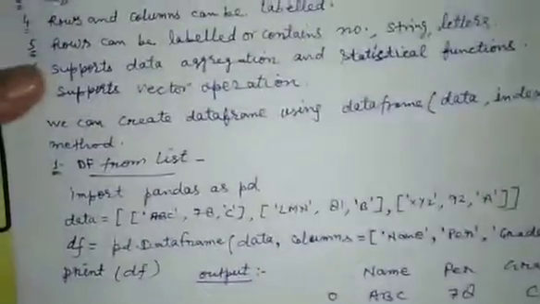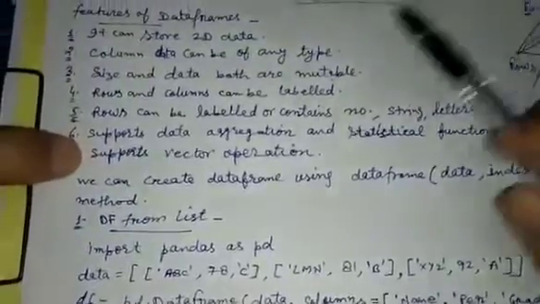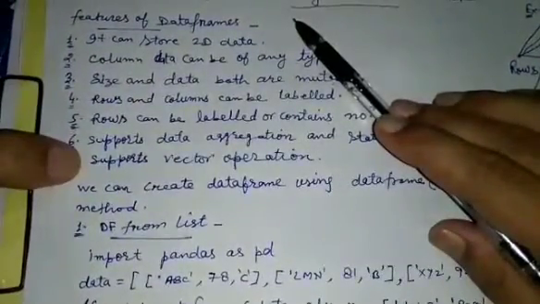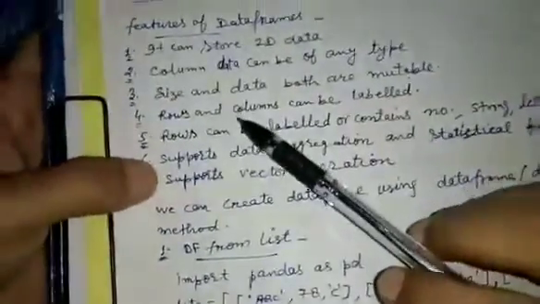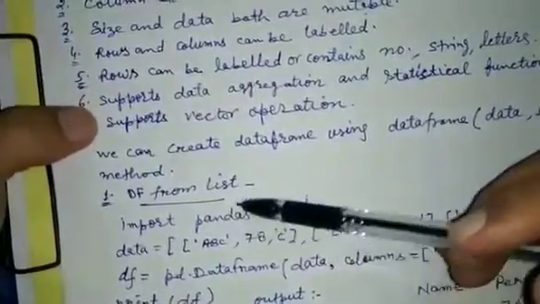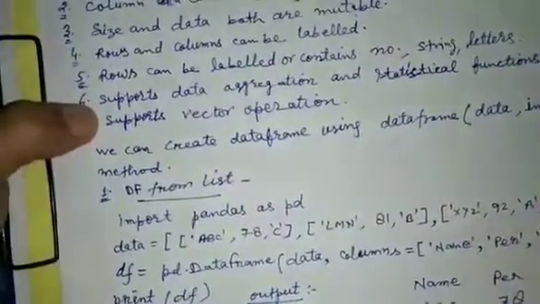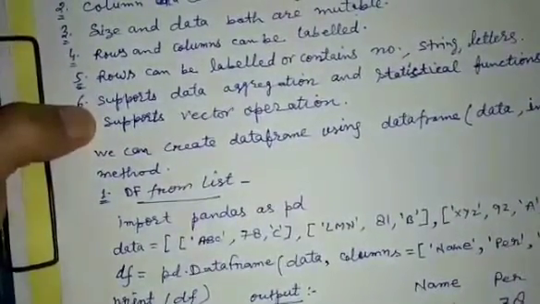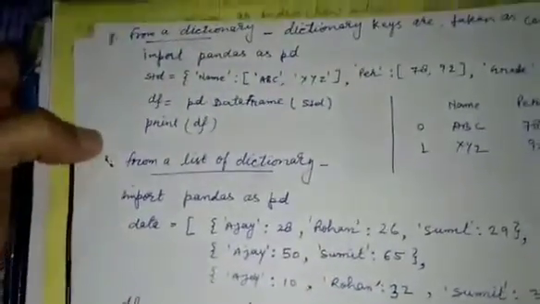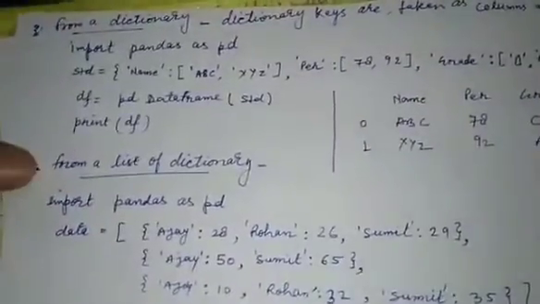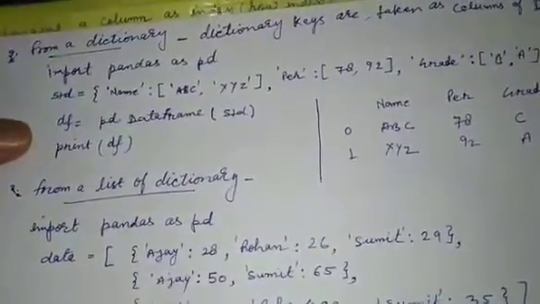So till now we have studied what a data frame is, how it looks, what the features of a data frame are, and how to create a data frame from a list. The next topic is how we can create a data frame using a dictionary.